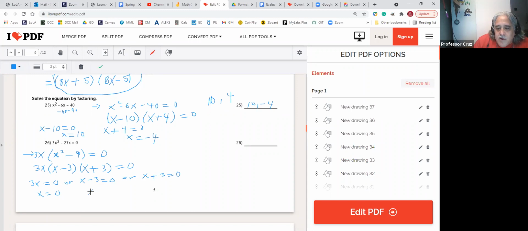So x is equal to 3. All right, so there's the 3 solutions. That's a -3. All right.